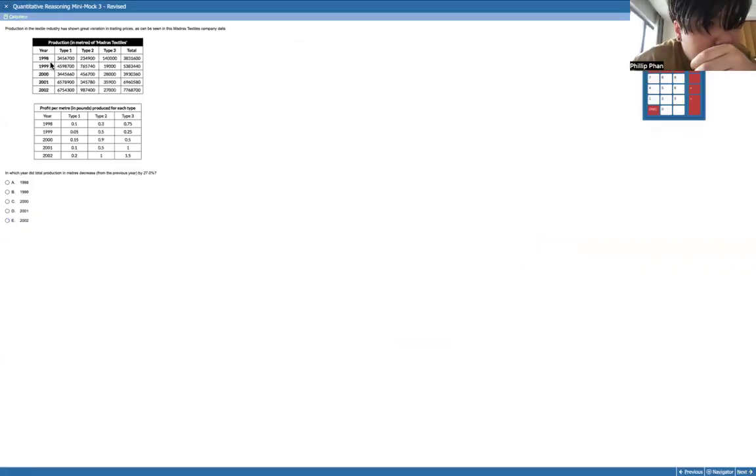Nation, food production. So yeah, using mental maths where possible.